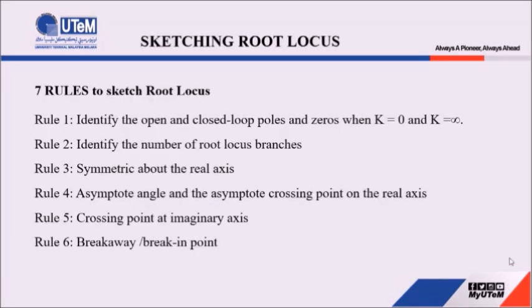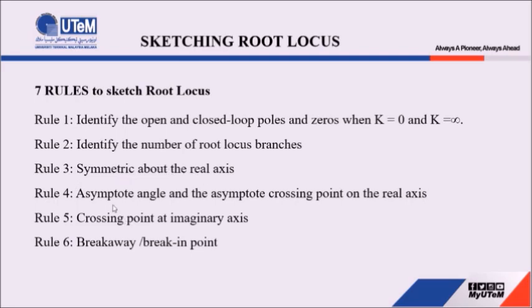To sketch the root locus, there are certain procedures that we can follow. In this lecture, the procedure that we will use is based on these 7 rules. Rule number 1, we have to identify the open loop and closed loop poles and zeros when k equals 0 and k equals infinity. Next, identify the number of root locus branches. Rule number 3, root locus should be symmetric about the real axis.